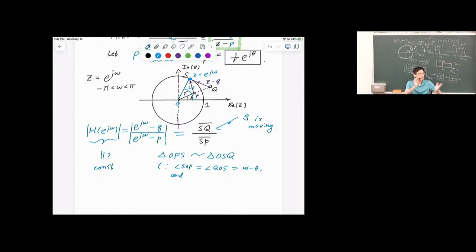OP divided by OS is equal to R divided by OS, where the radius of the unit circle is 1, so the length of OS is 1. And that, I claim, equals OS divided by OQ, which is 1 divided by 1 over R. So that's why these two triangles are similar.